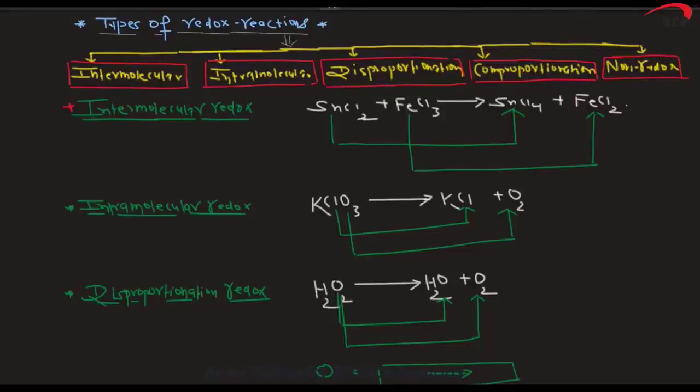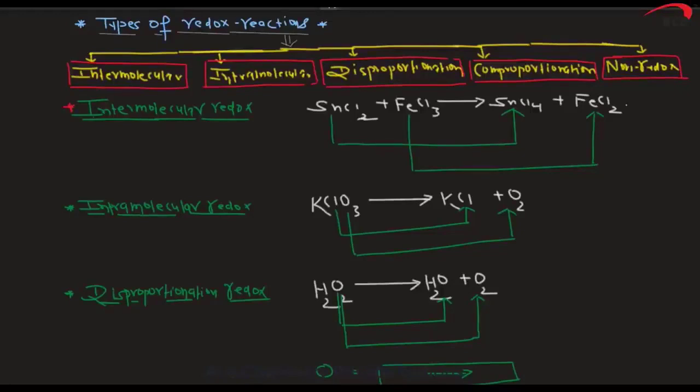Disproportionation reaction, comproportionation reaction, and some reactions which do not involve any change in the oxidation state are what we call non-redox reactions. So basically, when we talk about redox reactions or their types, there are 4 types of redox reaction, and we can say they are intermolecular, intramolecular, disproportionation, and comproportionation.